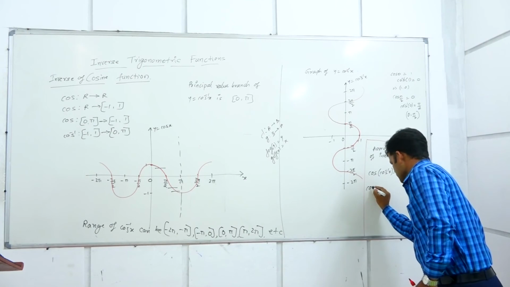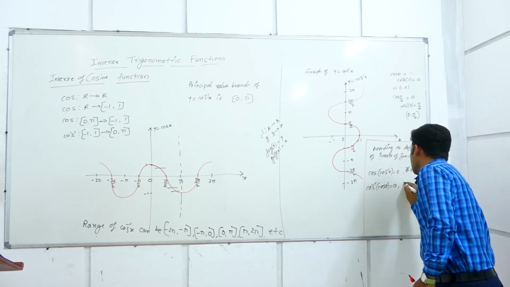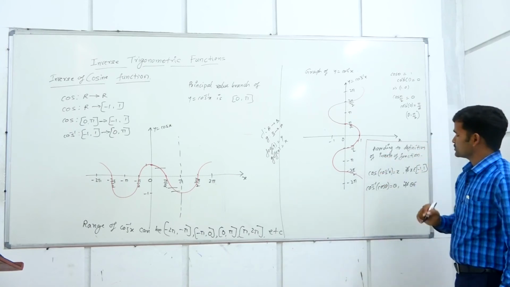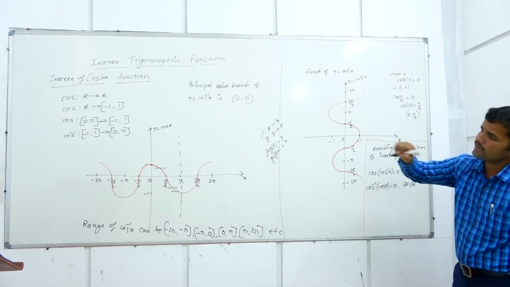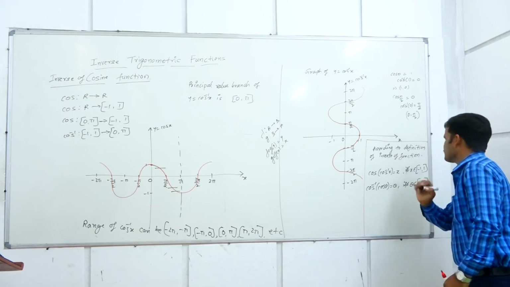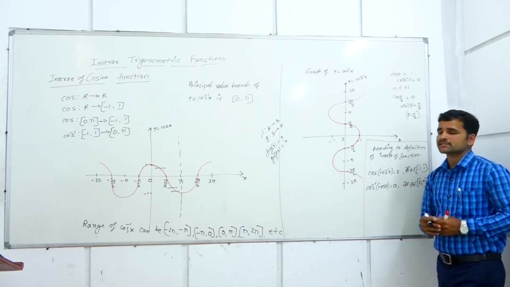And again, cos inverse of cos theta is equal to theta if and only if theta belongs to the closed interval, that is the domain of cos theta, that is 0 to pi. Fine. This is about the inverse of cosine function.